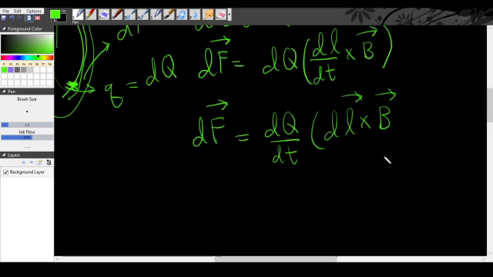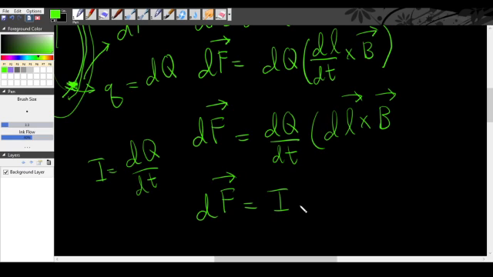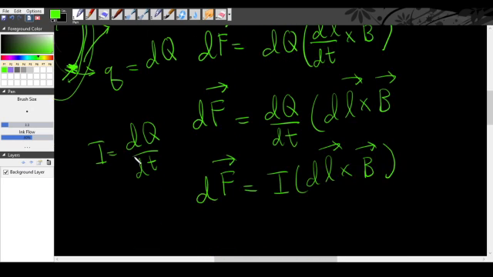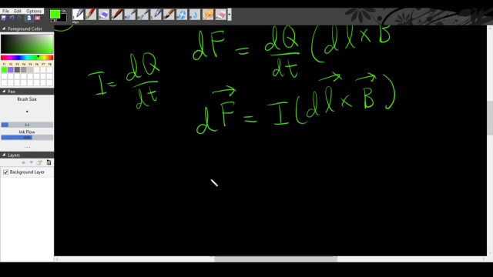And if dq over dt looks familiar, that's because it's actually just current, which is the rate at which charge flows. So then we can say dF is equal to I times dl crossed with B. And keep in mind, this is just for the small charge, so now we can integrate it.